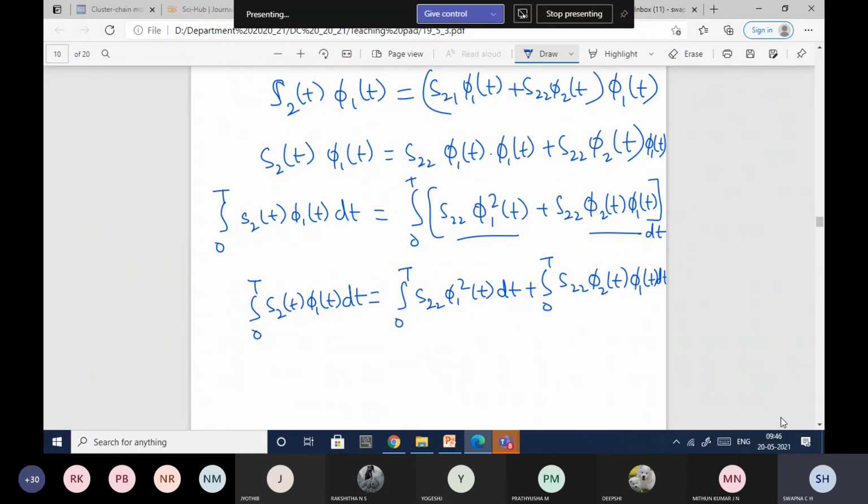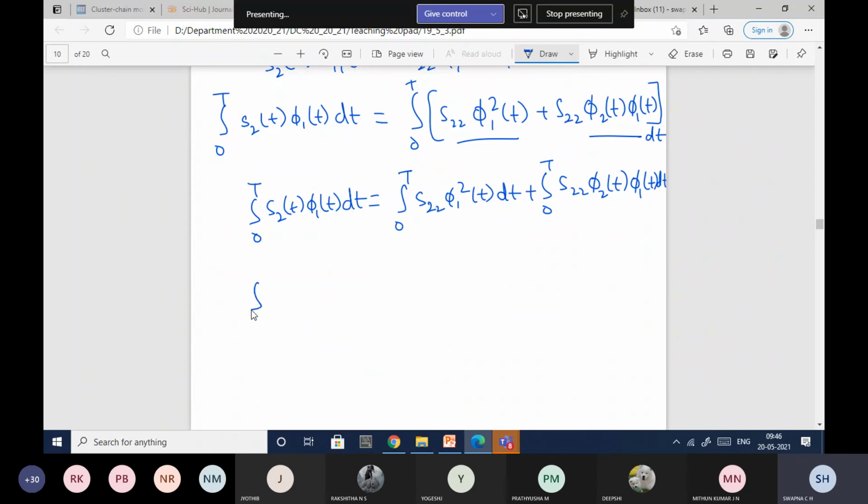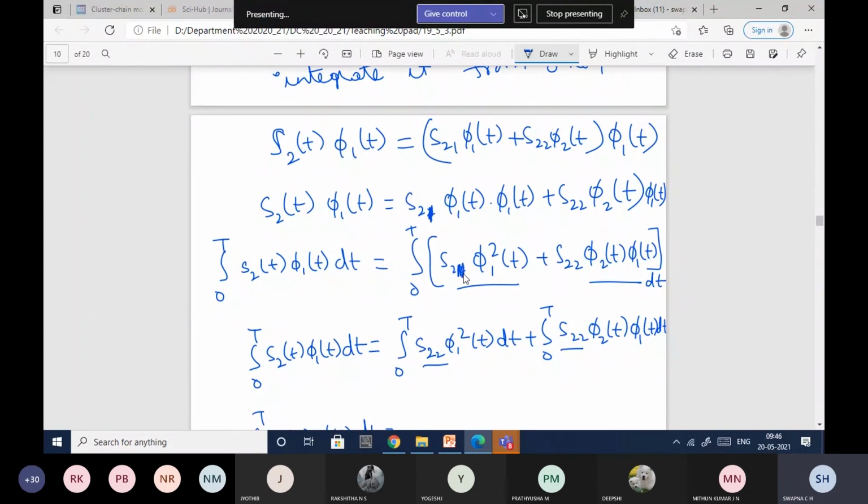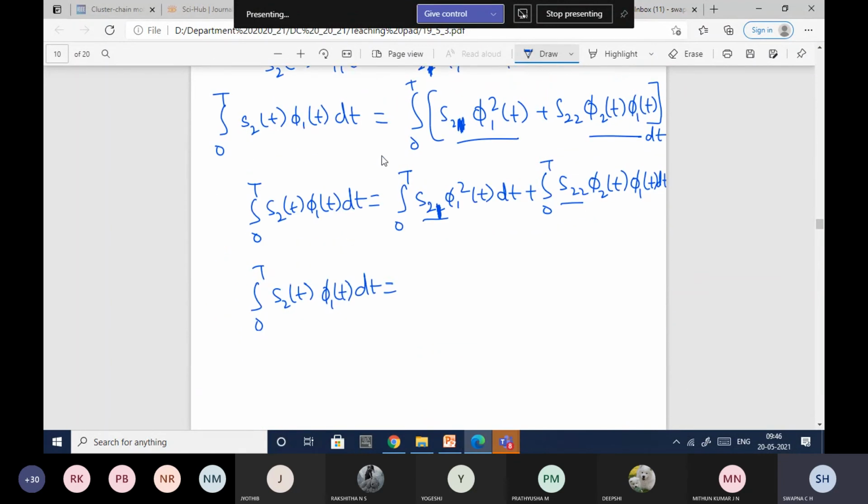So integral 0 to t s2 of t phi1 of t dt is equal to, here somewhere I have written wrongly, it should be s21: s21 phi1 of t, s22 phi2 of t, s21 phi1 of t. s21 is a constant, s22 is also a constant, I'll take them out.